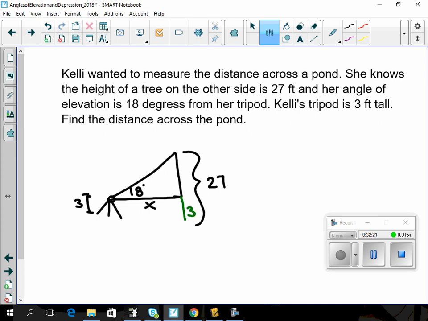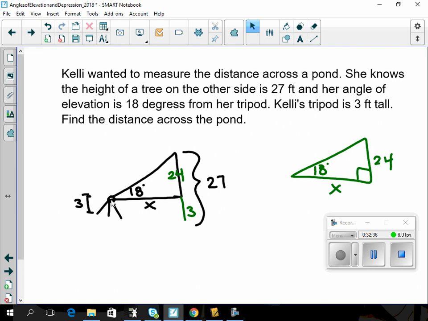So we need to subtract those 2 numbers and use the number 24 in our triangle. So the actual triangle that we're going to use is 24 and x and then 18 degrees. I just wanted to make sure that we talked about that because in the previous problem that we did, we added 6, right? But this one we're actually doing some subtracting, so a little bit of a different scenario.